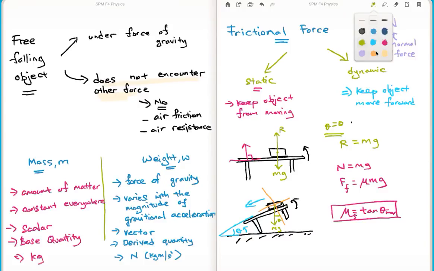Based on my previous video, where I showed how to do it, the component forces drop perpendicular lines. Going down is mg cos theta, whereas the one going in this direction is mg sine theta.